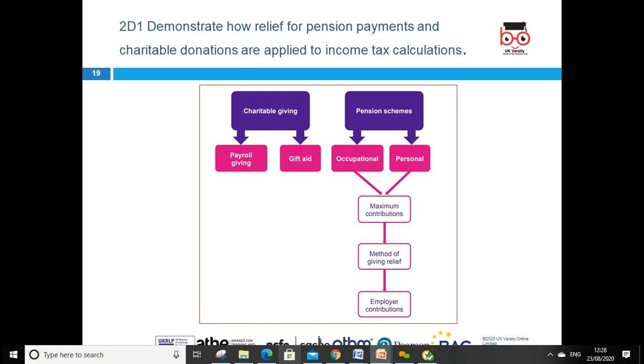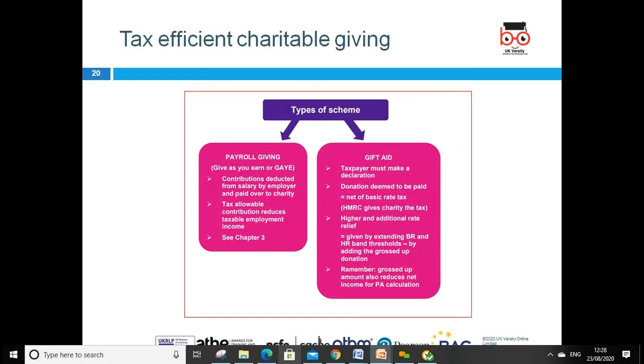Okay, next, now we're looking at the pension, charitable giving, payroll giving, and gift aid. Pension schemes are occupational pension and personal pension: maximum contribution, method of giving relief, and the employer contribution. Types of scheme: payroll giving, give as you earn, where the employer deducts salary and pays it over to the charity, so it is tax allowable and reduces the taxable employment income.